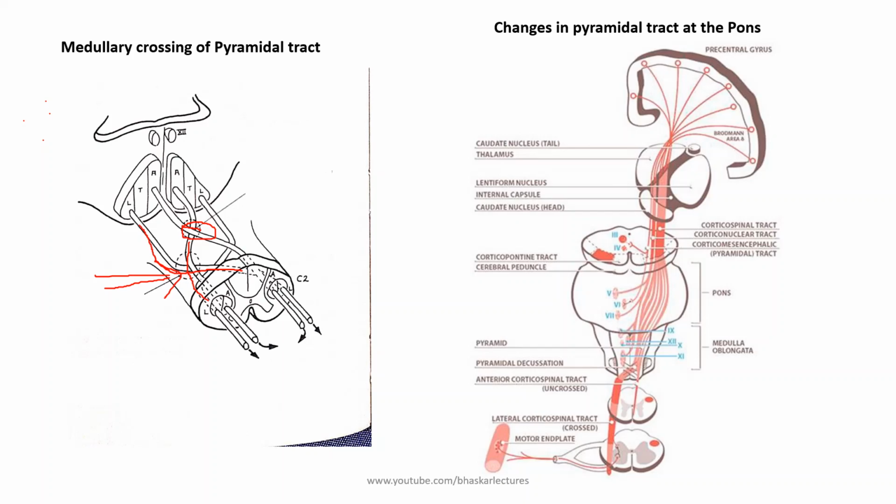Upper limb fiber from one side and lower limb fiber from the other side cross at one point in the medulla before the complete crossover. So this leads to upper limb weakness on one side and lower limb weakness on the other side. This is called a crossed hemiplegia, right?